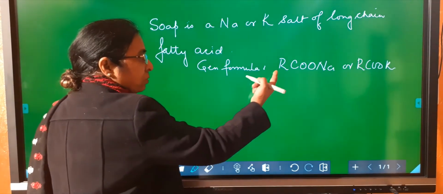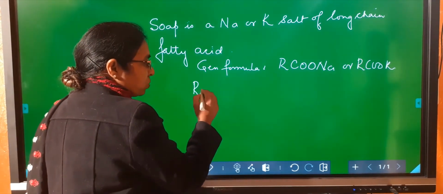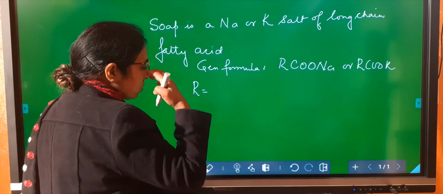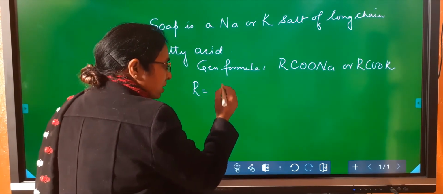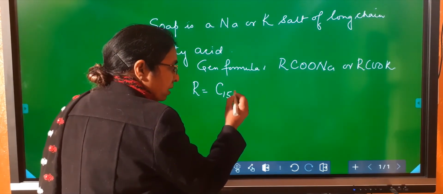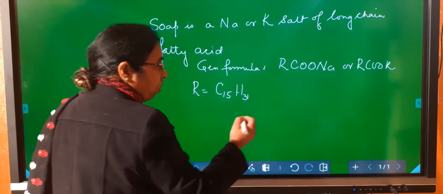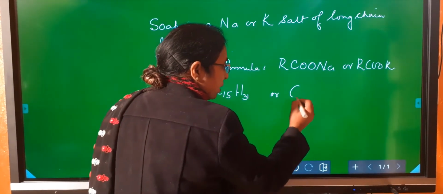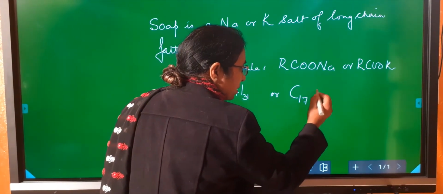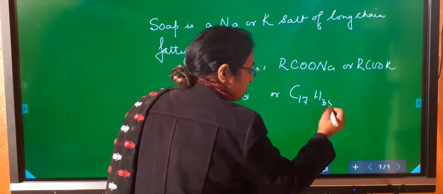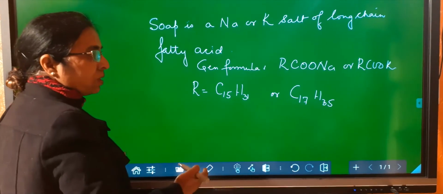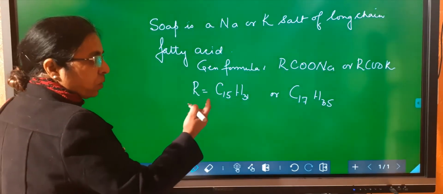Now this R is either C15H31, or it is generally C17H35.